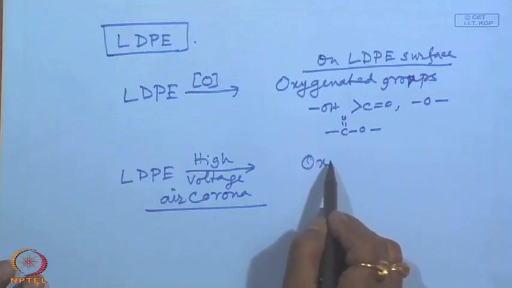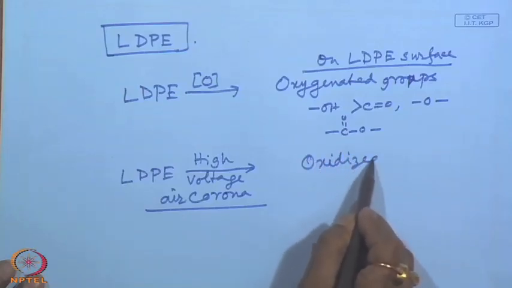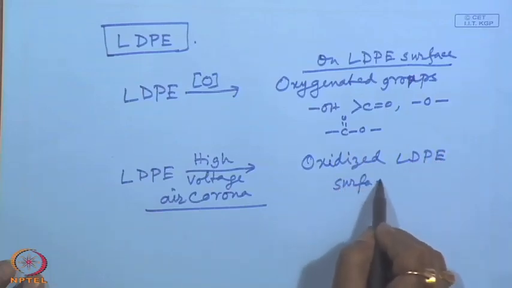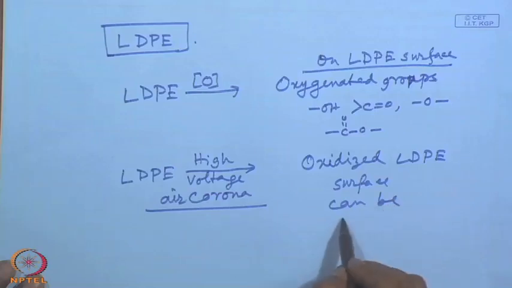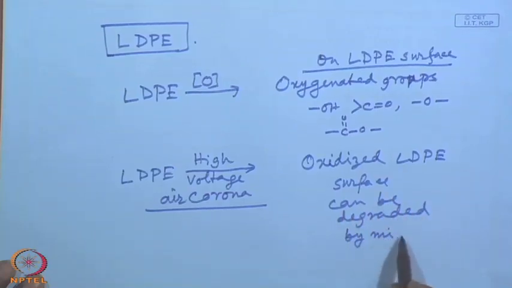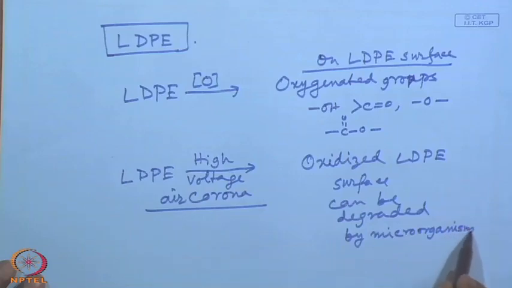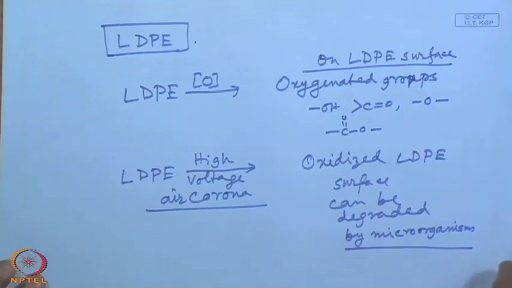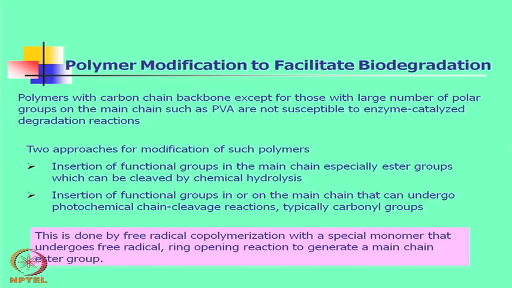That oxidized LDPE surface can be degraded by microorganisms or bacteria as well as fungi. That is possible. We have done some experiments, and we have seen that yes, it is working, it is functioning. So, that technology can be developed.